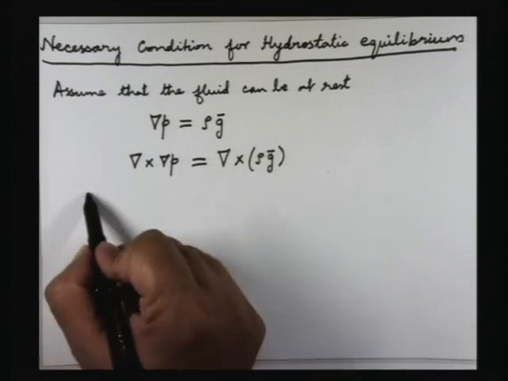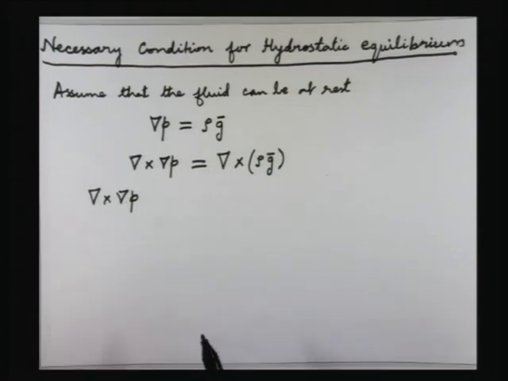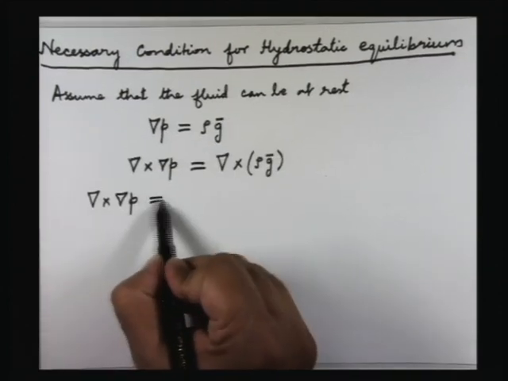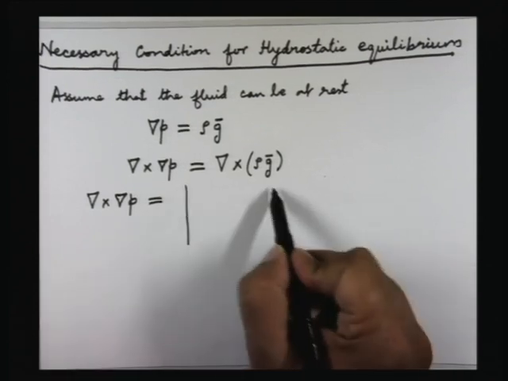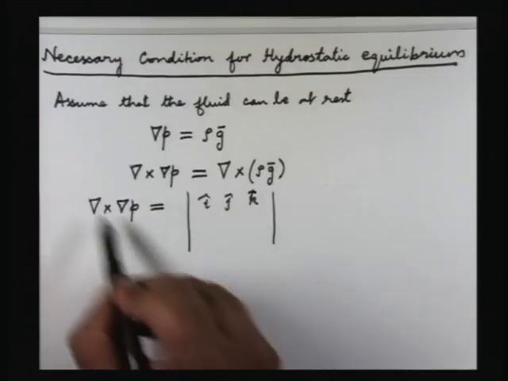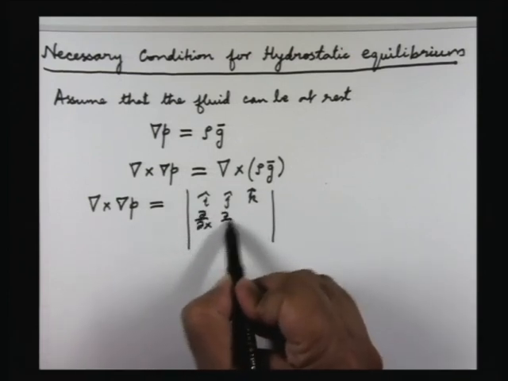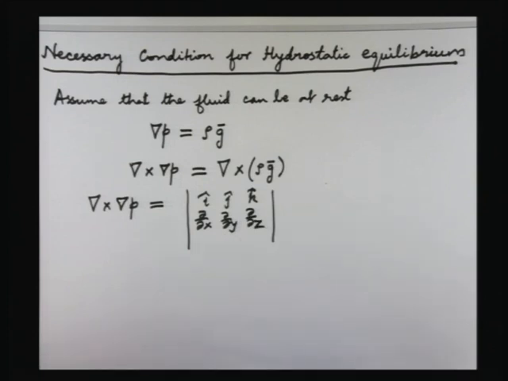Now, what is curl of grad P? Can you give me an answer? Yes, no, using your tablet. Is it 0 or non-zero? Well, you can look at it this way. This is ijk, then grad you view as a vector operator, del x, del y, del z.